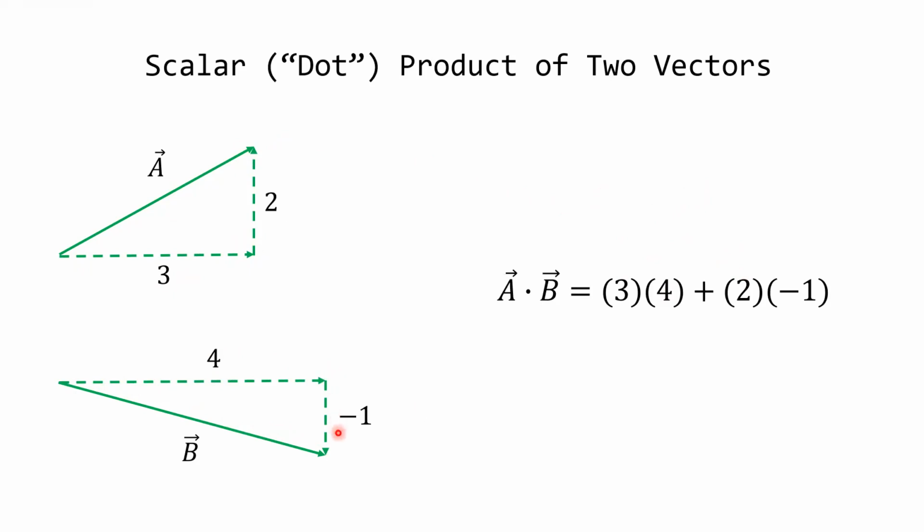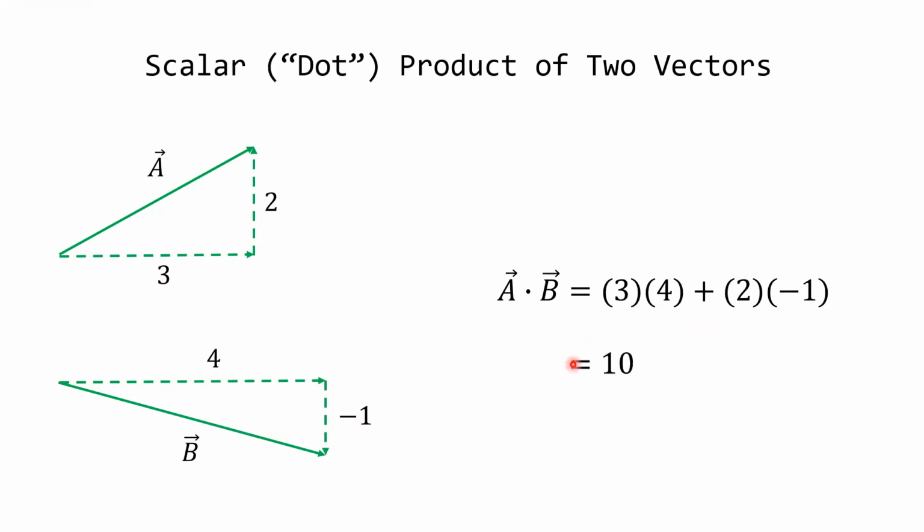In order to compute the dot product, first you multiply the x components together, that's 3 times 4, and then you multiply the y components of the two vectors together. Okay? Multiply the x's, multiply the y's, add them up, and you get 10.